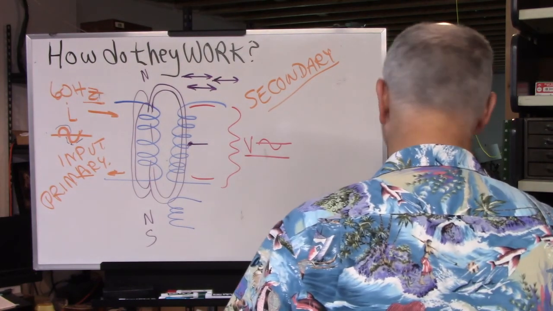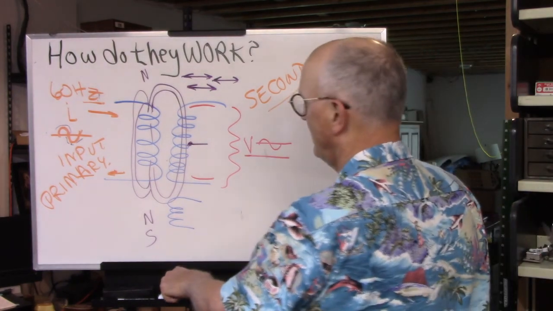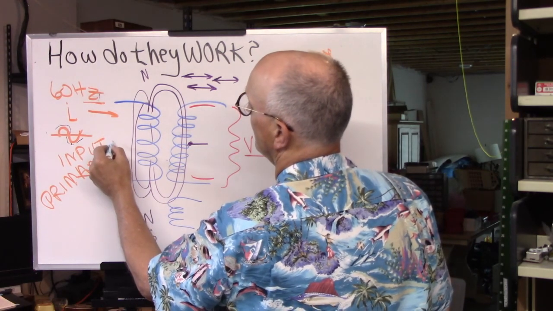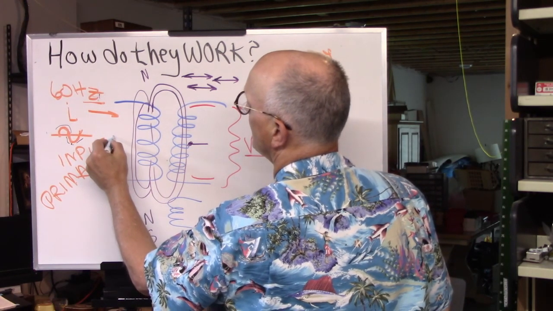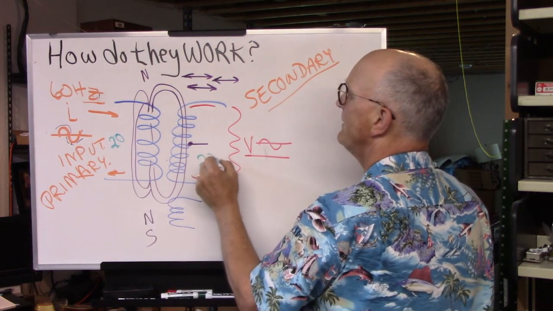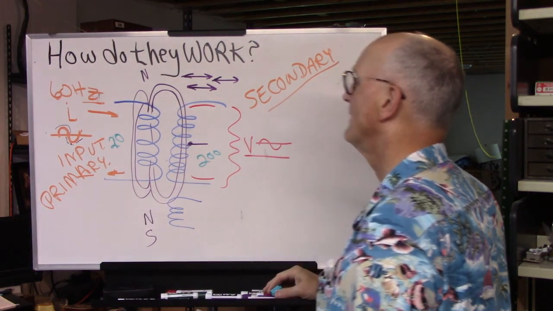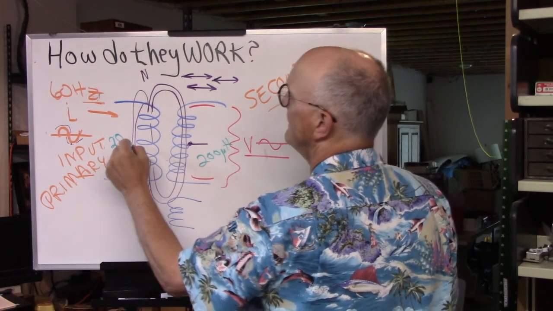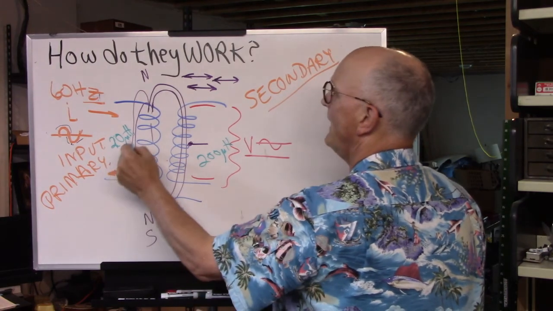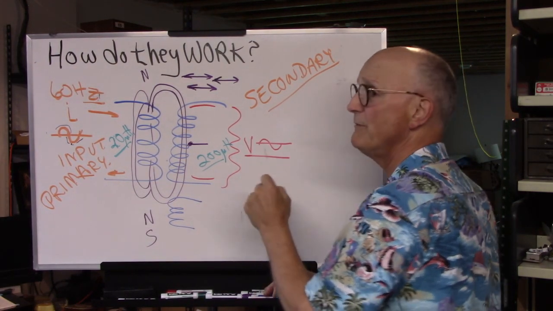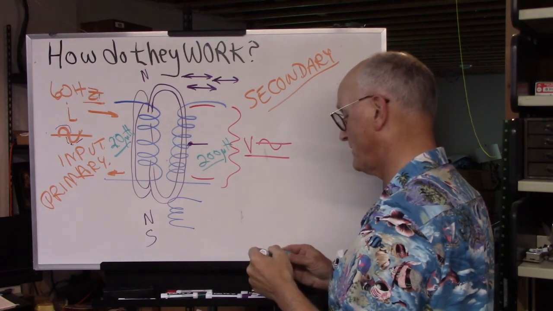So if we happen to have more inductance associated with the secondary than we do the primary, let's just say this is 10 turns or 20 turns, and this is 200 turns. Or 200 microhenries. Well, now you see the difference. The output voltage is going to be higher than the input voltage.